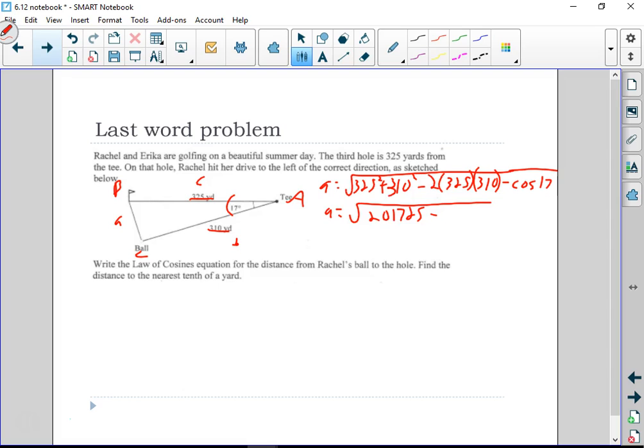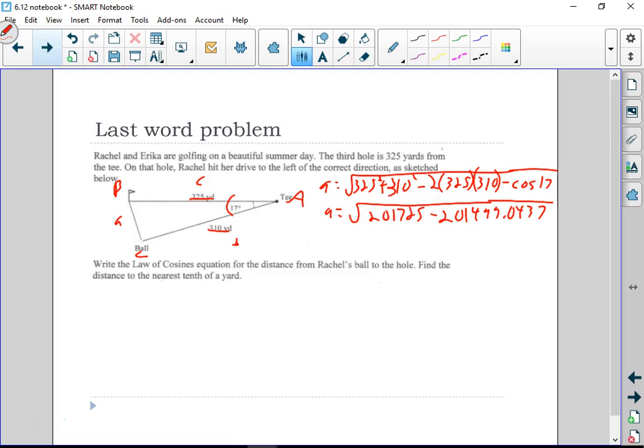But never mind. I'm losing my mind. I had it and I just messed it up. So 2 times 325 times 310 times the cosine of 17, which is 201,499.0437.